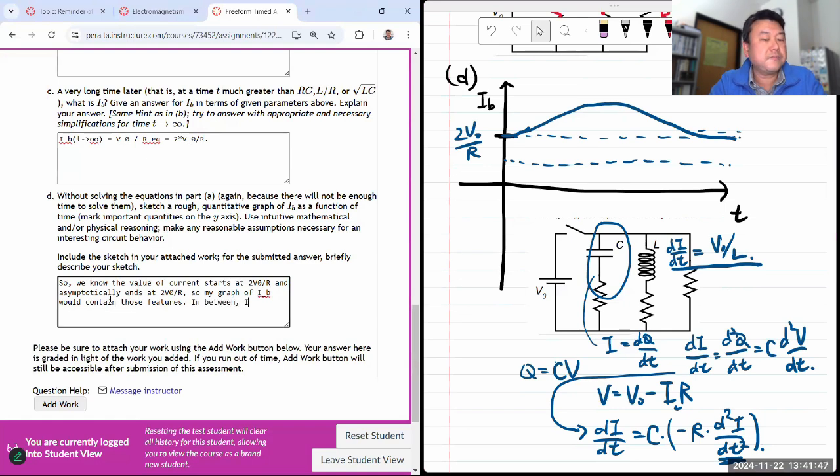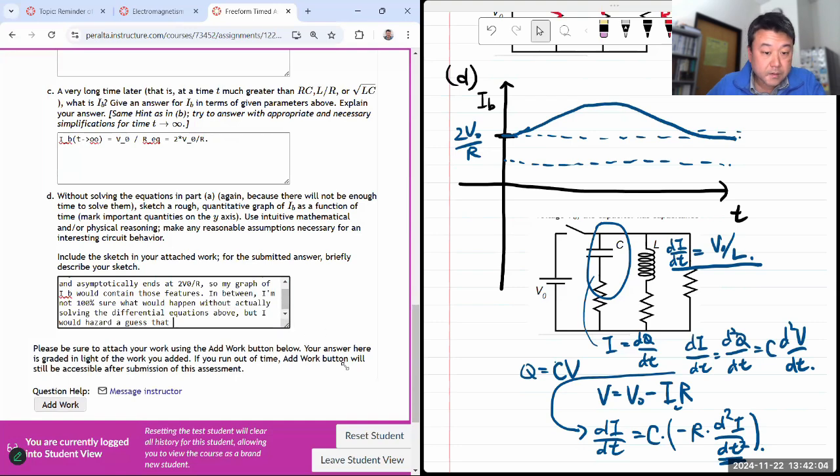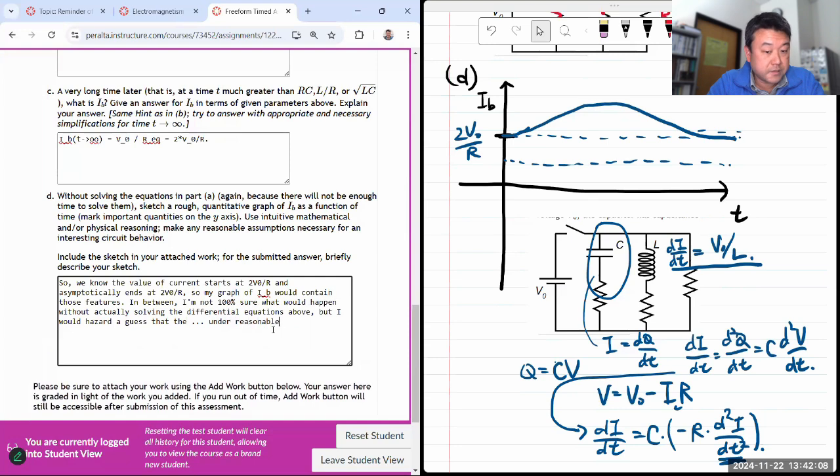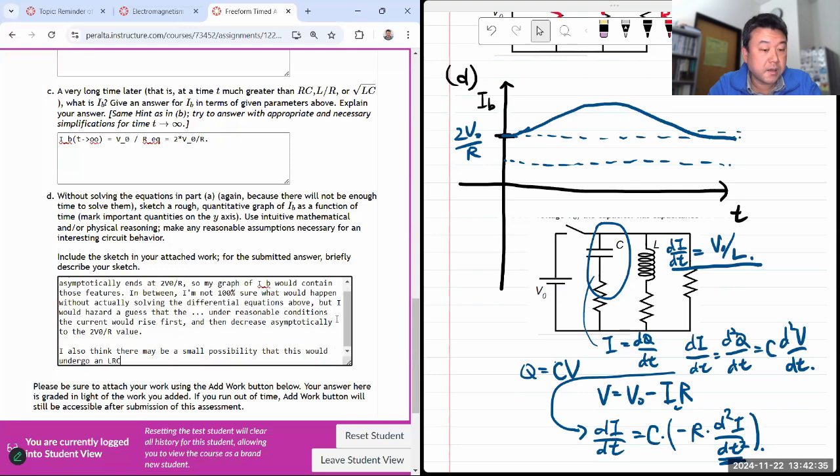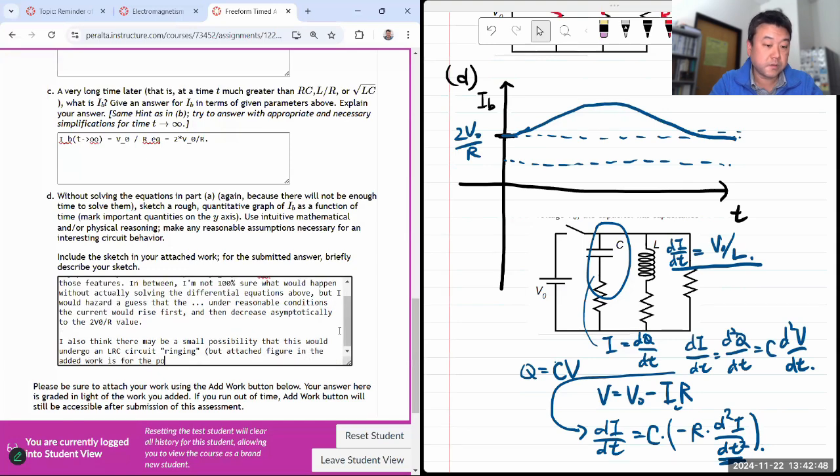In between, I'm not 100% sure what would happen without actually solving the differential equations above, but I would hazard a guess that under reasonable conditions the current would rise first and then decrease asymptotically to the 2V naught over R value. I also think there may be a small possibility that this would undergo an LRC circuit ringing, which you will see in next week's lab. But the figure attached in the added work is for the possibility above.